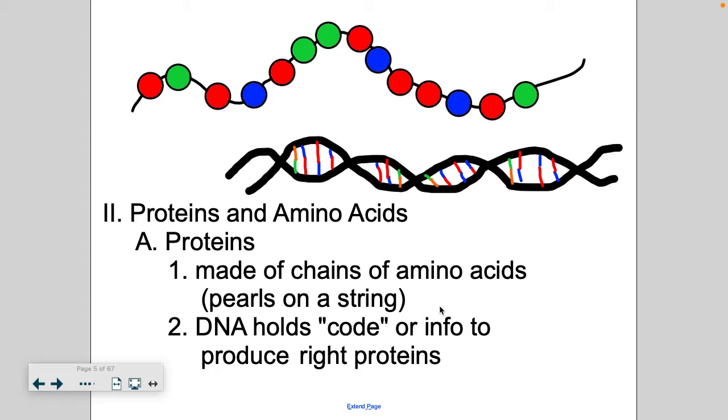Proteins are made up of amino acids, pearls on a string. So here's DNA. It's coded. We have a template. It has the instructions for which amino acids go where. And when they link together, then you form your protein. So DNA holds the code or information to produce the right proteins.